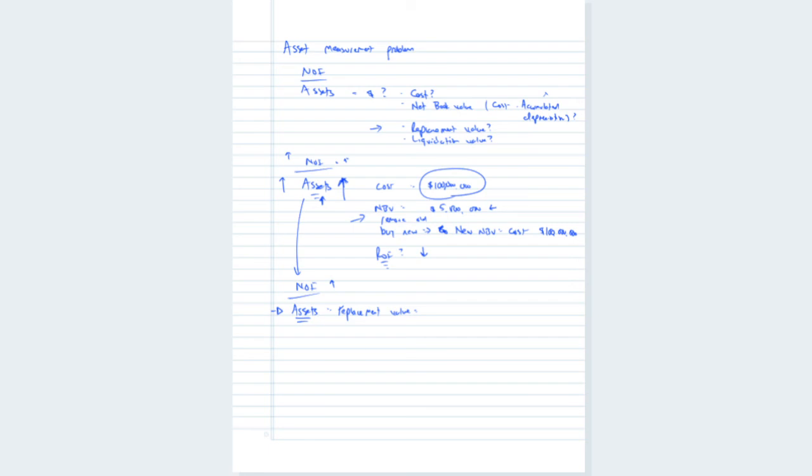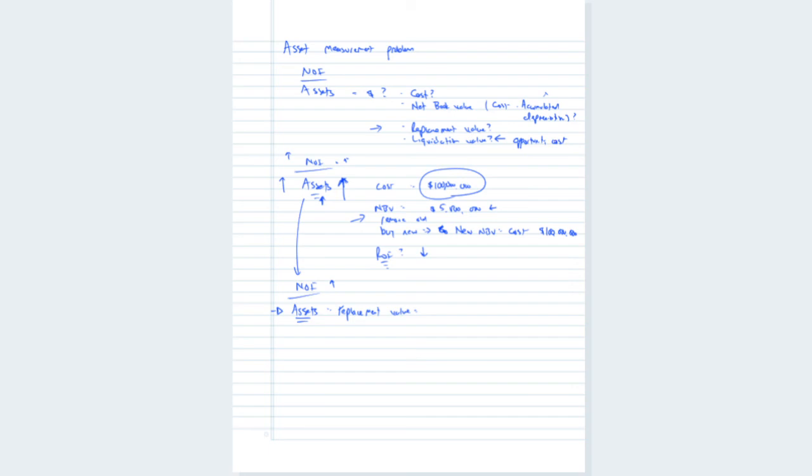So even if they originally cost me $100,000, maybe I could only sell them for, or $100 million, maybe I can only sell them for $25 million today because they're used and whatever. And so that would give me a measure of how much is my decision to use them for operating assets instead of selling them. How much is that costing me? And that cost would be compared to the net operating income that is provided.